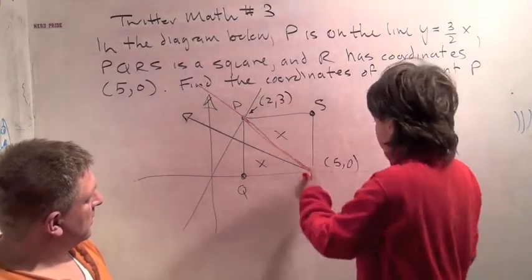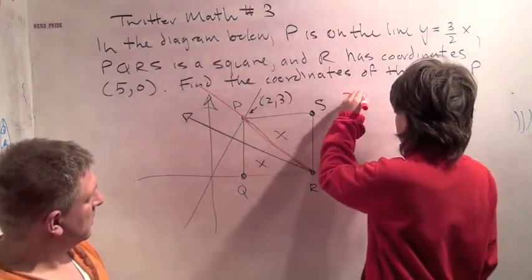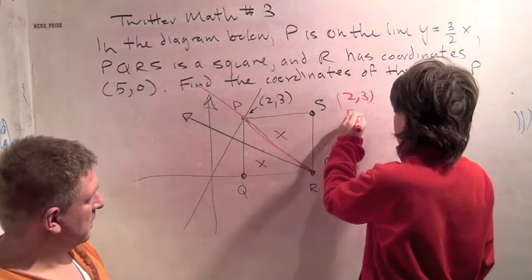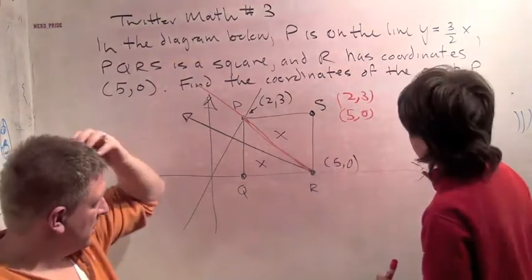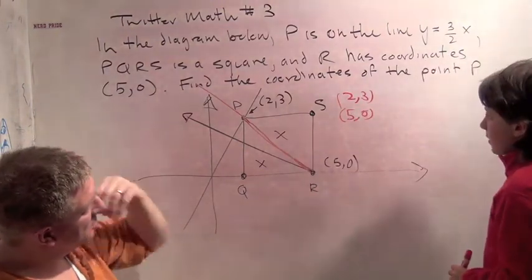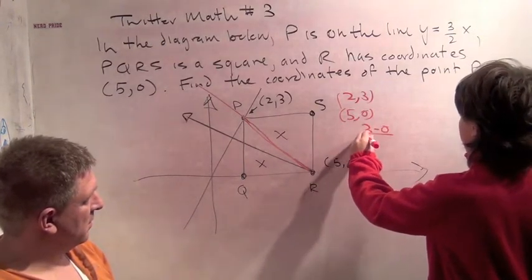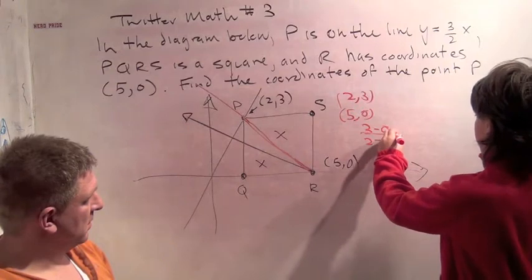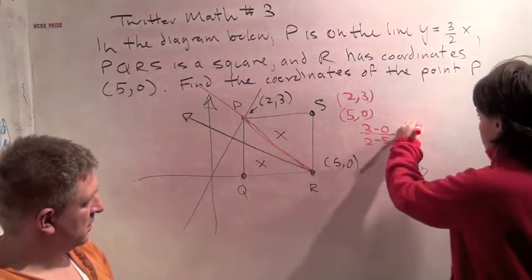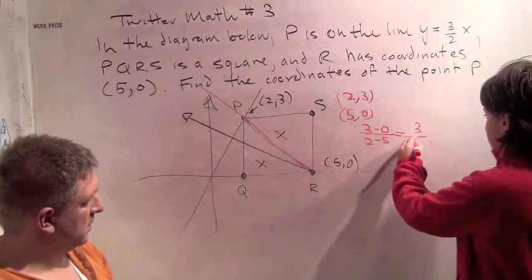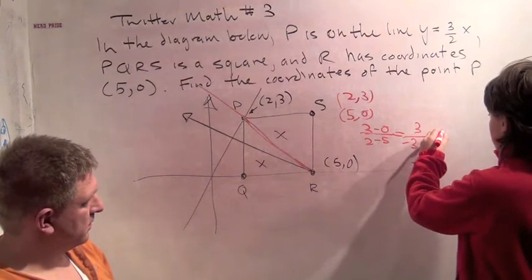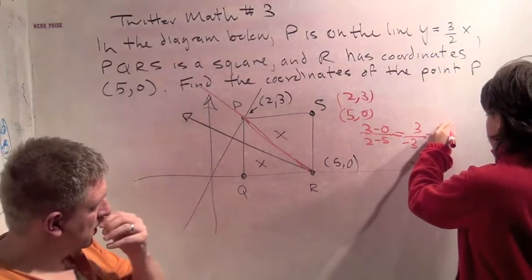Yeah, we know the slope. We can use the points 2, 3, and 5, 0. Okay, back up a little. How do you find the slope? The change in y over the change in x. Okay. 3 minus 0 over 2 minus 5. It's 3 over minus 3, or minus 1.